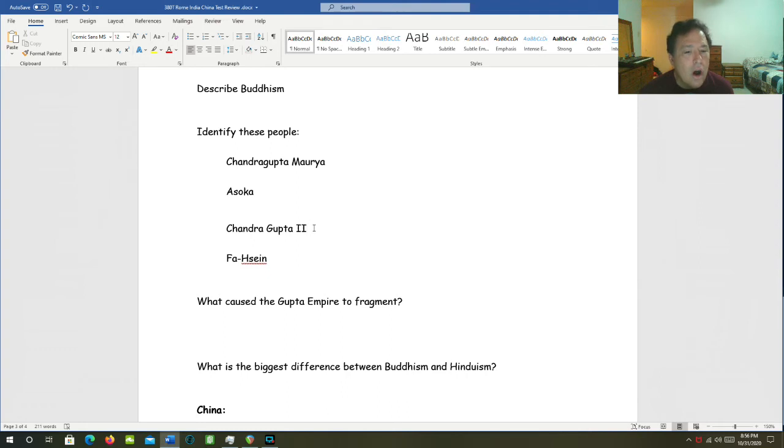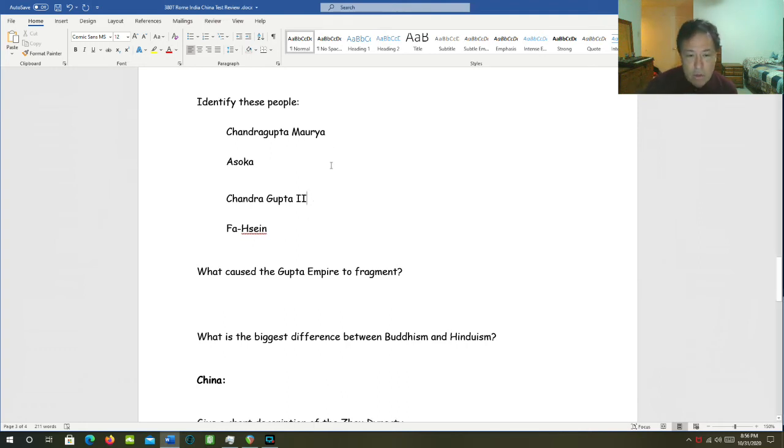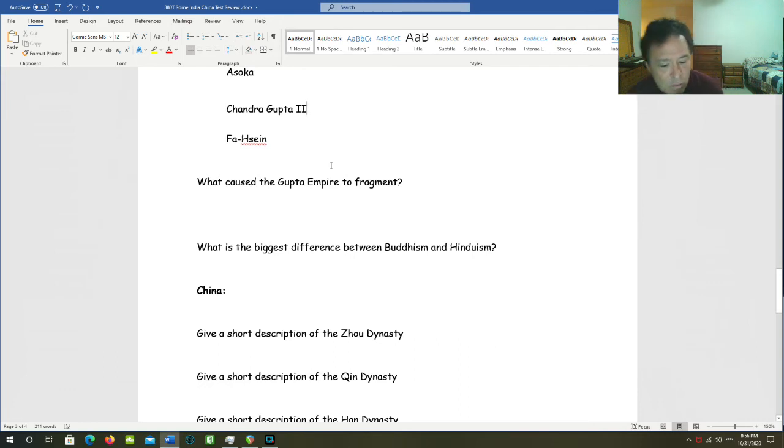So what caused the Gupta Empire to fragment? The main cause was invasions by the White Huns. These invasions were not themselves successful, but they greatly weakened the Gupta Empire, and that emboldened local leaders to actually rebel against their imperial overlords.